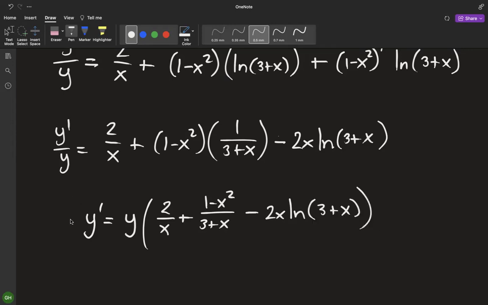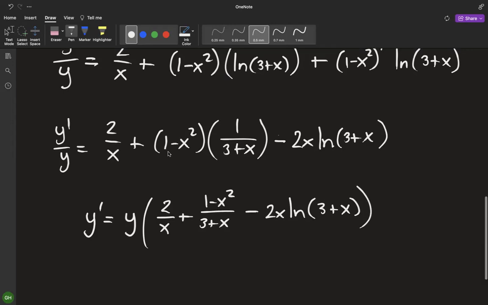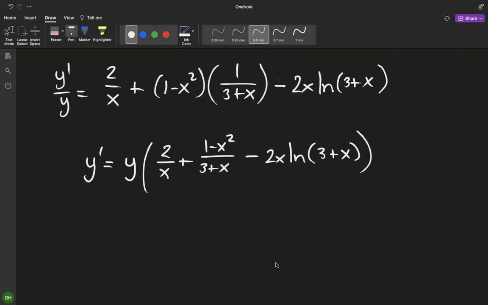And I will take this as a final answer, but it is proper to then get rid of this y, because originally at the start of the problem, y is equal to x squared (3 plus x) to the power of 1 minus x squared.